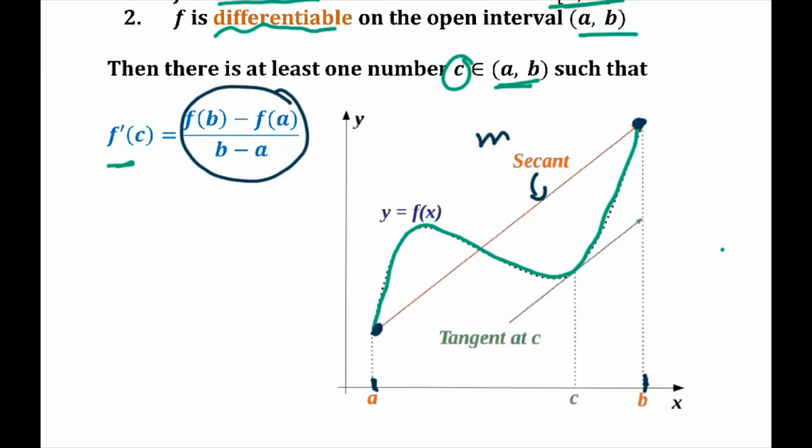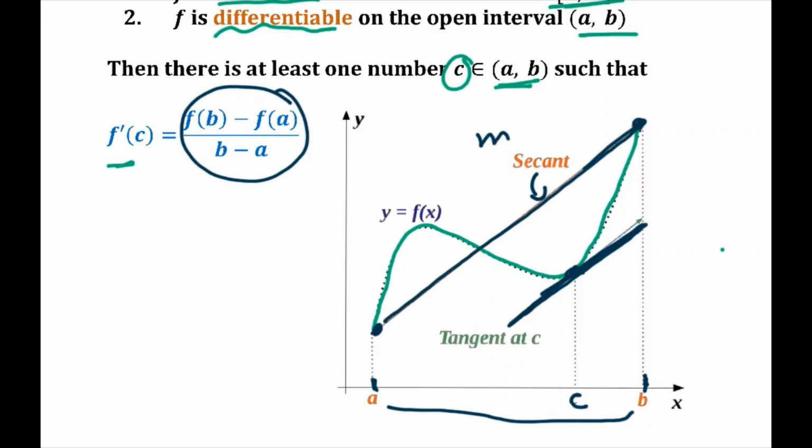Now, the theorem says there will be a number, let's say it's c, between a and b, in which if I want to take the slope, I'll draw the tangent.